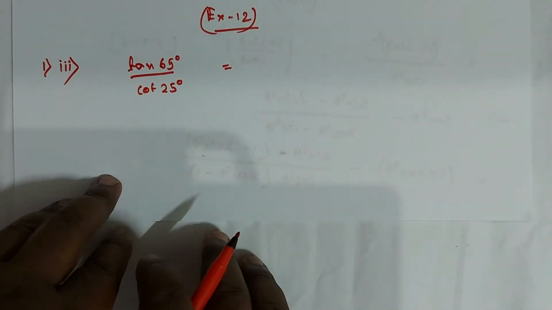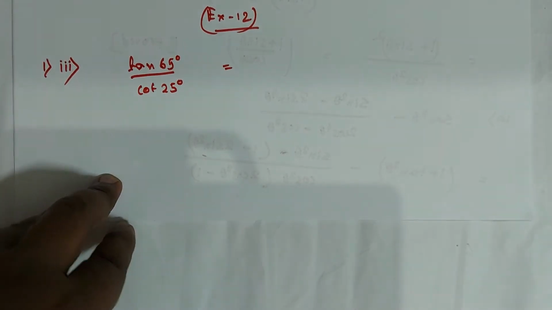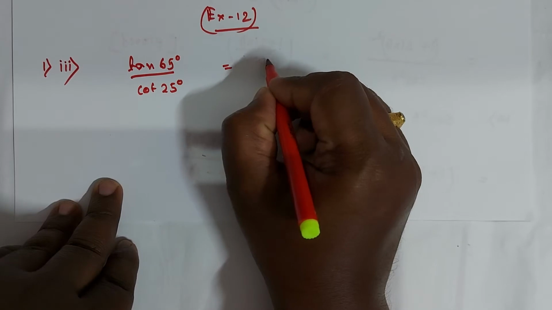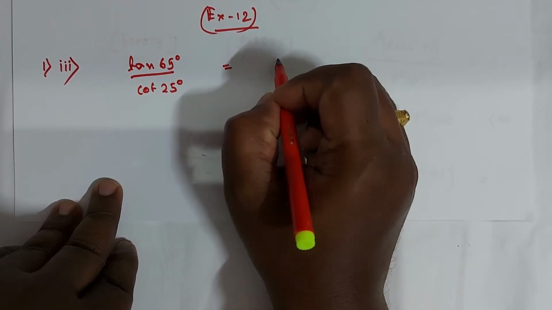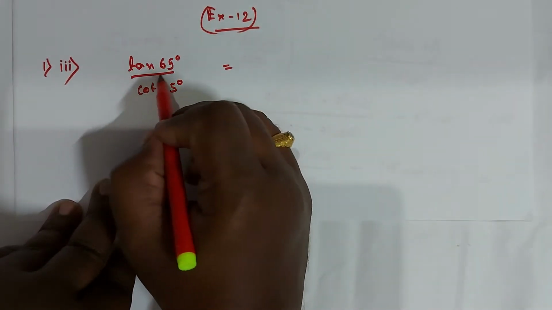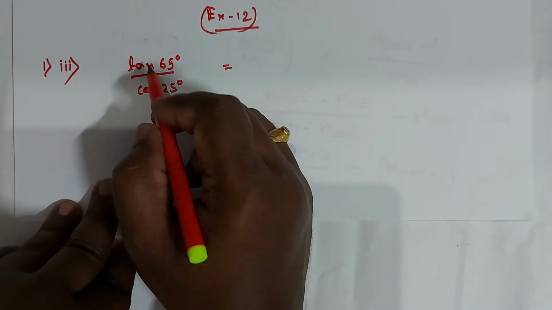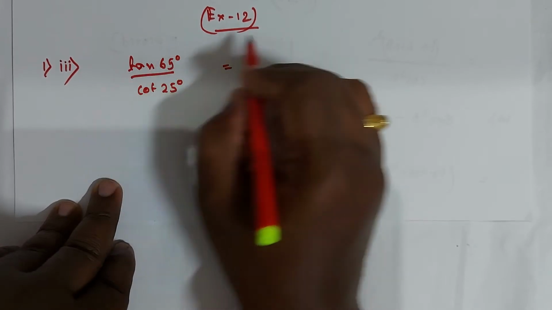So tan 65 degree by cot 25 degree. Here we know that tan of 90 minus theta is equal to cot theta. So either we will convert this tan 65 into cot theta or cot into tan. We are converting tan here.